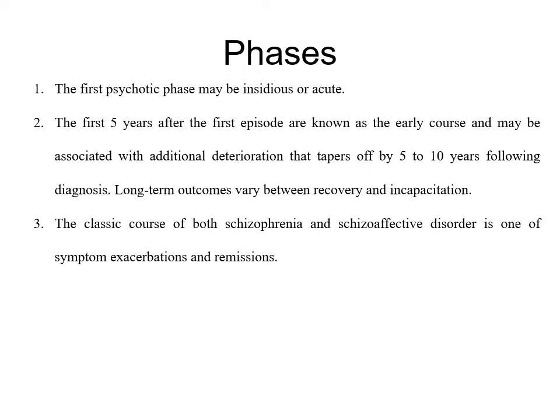It's because of the cross cultural ways that we view it. All right, so schizophrenia symptoms are going to occur in phases. That first phase may be very insidious or acute, so really scary, and we break it down into three distinct phases. This is where you just have that extreme psychosis, delusion, cognitive impairment, hallucination, and that can go on for a little over a year.